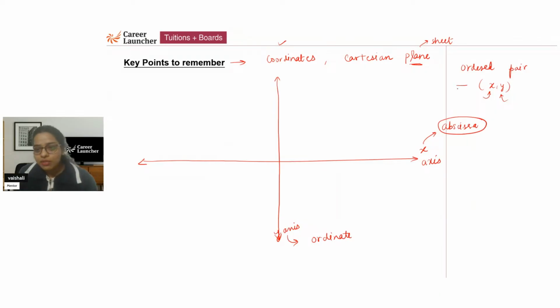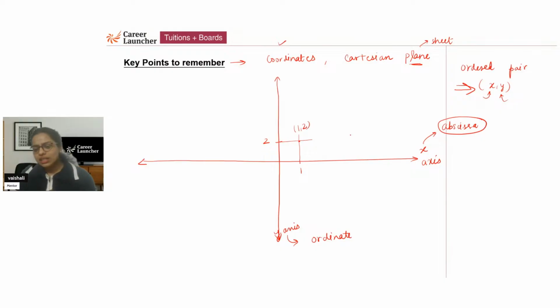So (x, y) is any point, which is also called a coordinate, and we can represent it anywhere like this. As an example, let's say this is my 1 and this is my 2. This particular point formed by the intersection of these two will be represented as (1, 2). Like I said, I'm following the order. First I'm writing the abscissa, the x-axis point, and then I'm representing the ordinate.